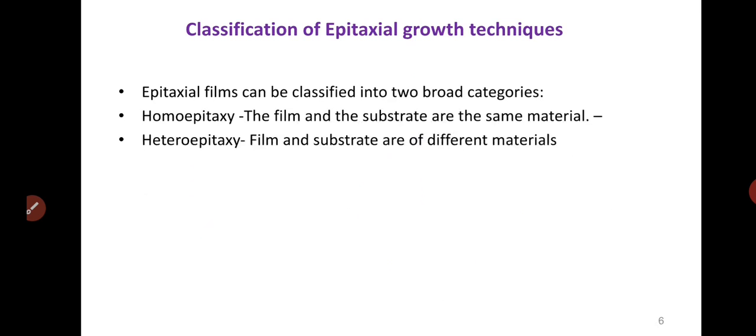This term comes from Greek roots. Epi means above and taxis means a deposition in an orderly manner. The epitaxial film may be grown from gaseous or liquid precursors.